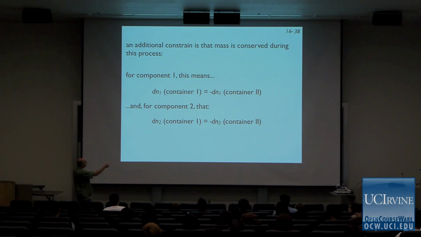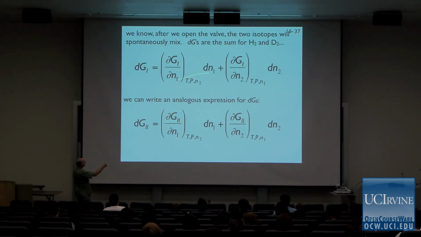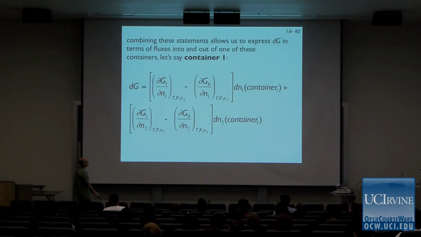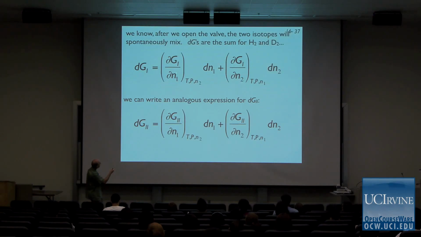But if I now combine these equations with these equations, I get these equations right here. What are these? This is everything pertaining to component 1, everything pertaining to hydrogen. And this is everything pertaining to deuterium. Here's a hydrogen term, and here's a deuterium term, and here's a term for DG1 and DG2.